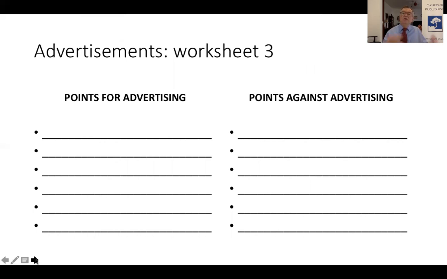Maybe at the end of the period of activity, when you've had a look at a lot of advertisements and discussed them, I think it's very good for critical thinking to look at both sides of an argument. So we've been rather biased in saying all these points against advertisement, but it's good to have a look at the other side. What are the points in favor of advertising? What are the positive things about advertising?